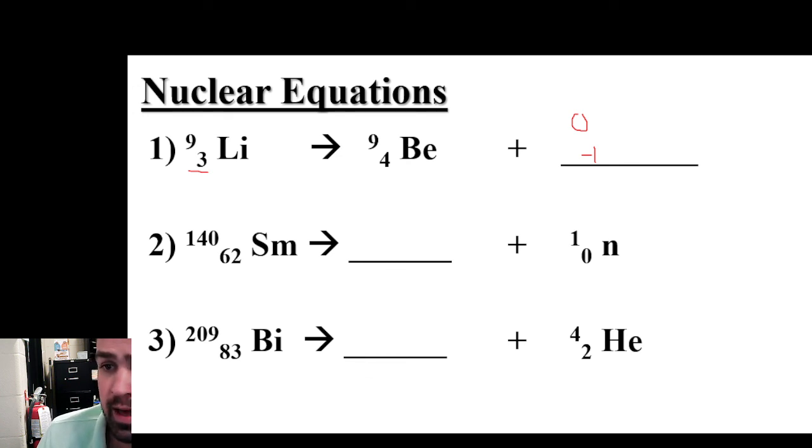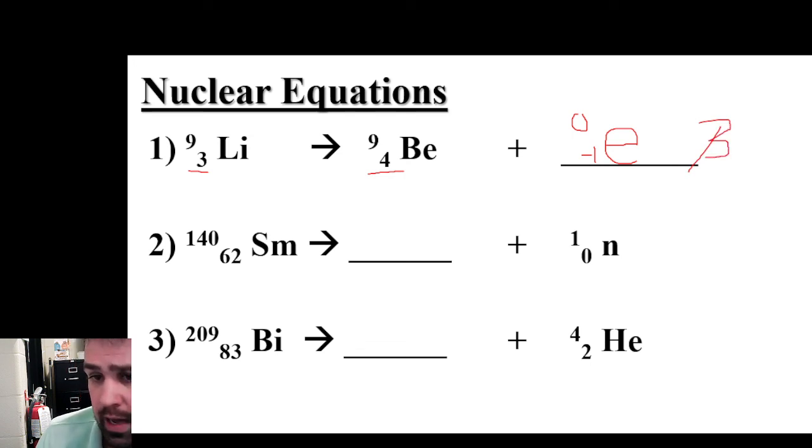Well, what particle has a minus 1 here and a 0 up top? Well, that was our electron, right? A neutron turning into a new proton.